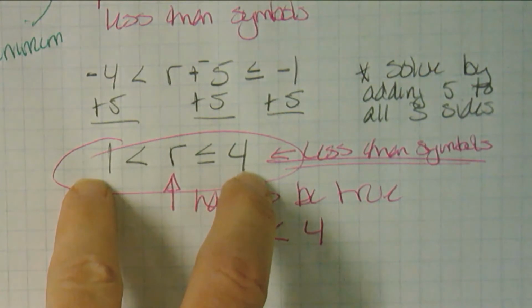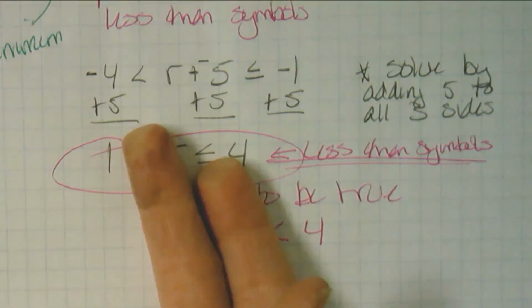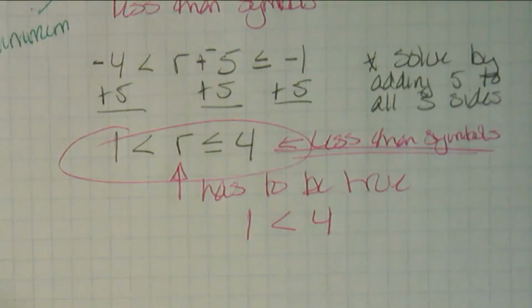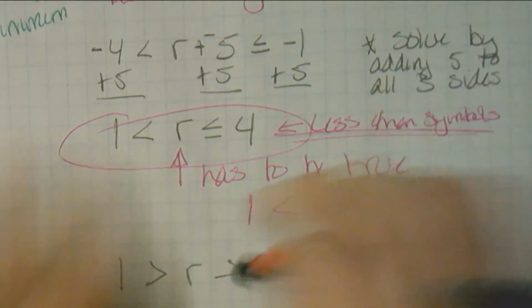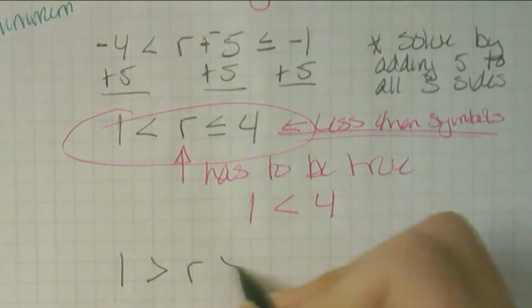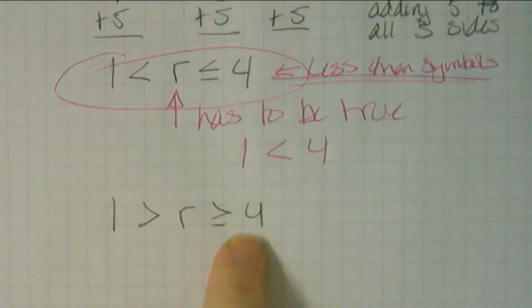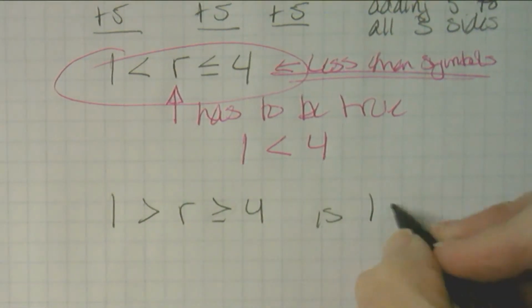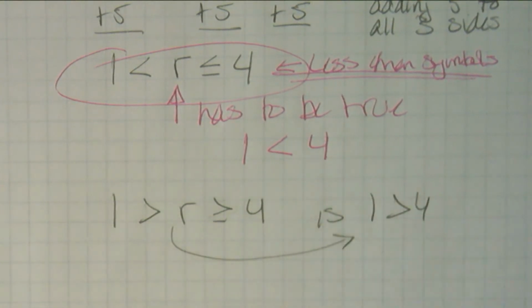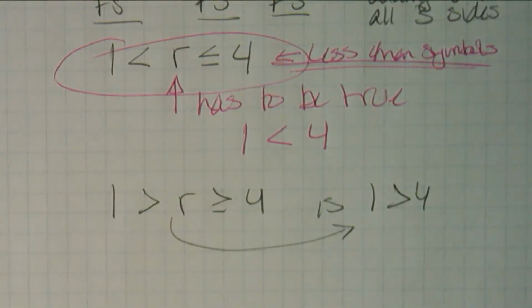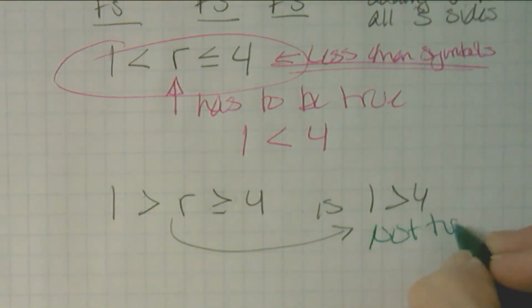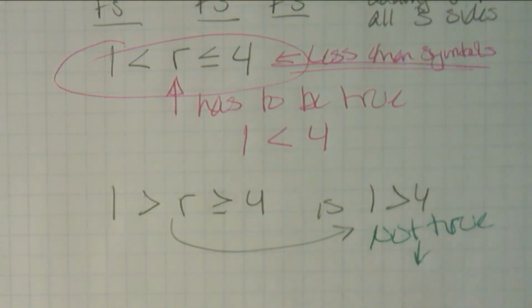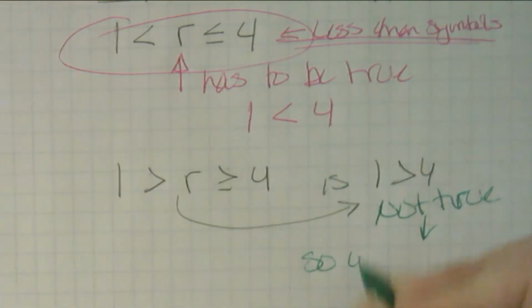If all of a sudden you decided to flip the inequalities by mistake, and you got something like 1 is greater than r, which is greater than or equal to 4, is this true? Is 1 greater than 4? Is that a true statement, Troya? No, this is not true. So what that means is something went wrong. So you did something wrong.